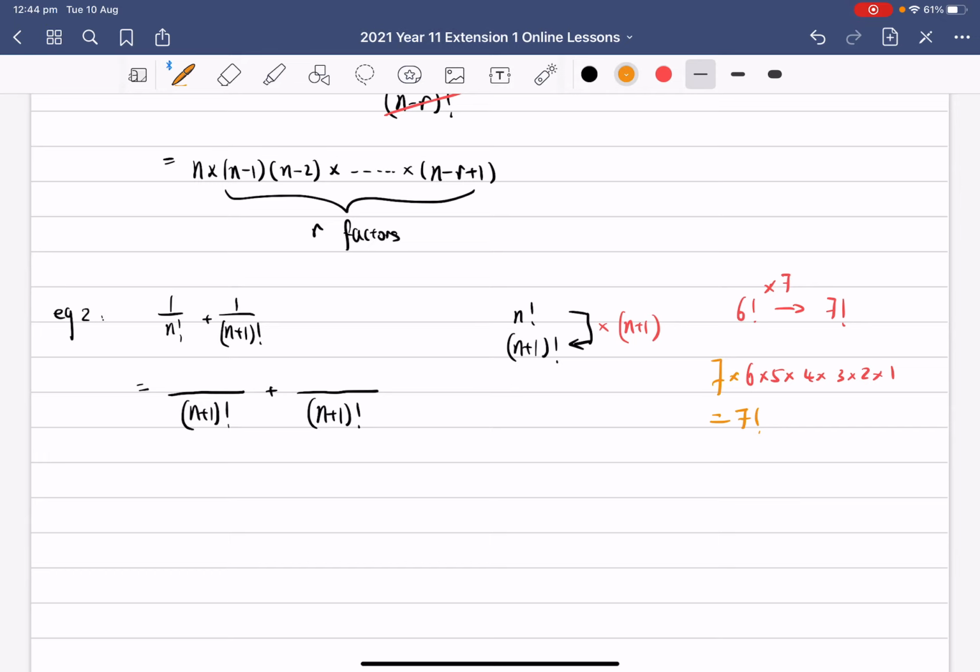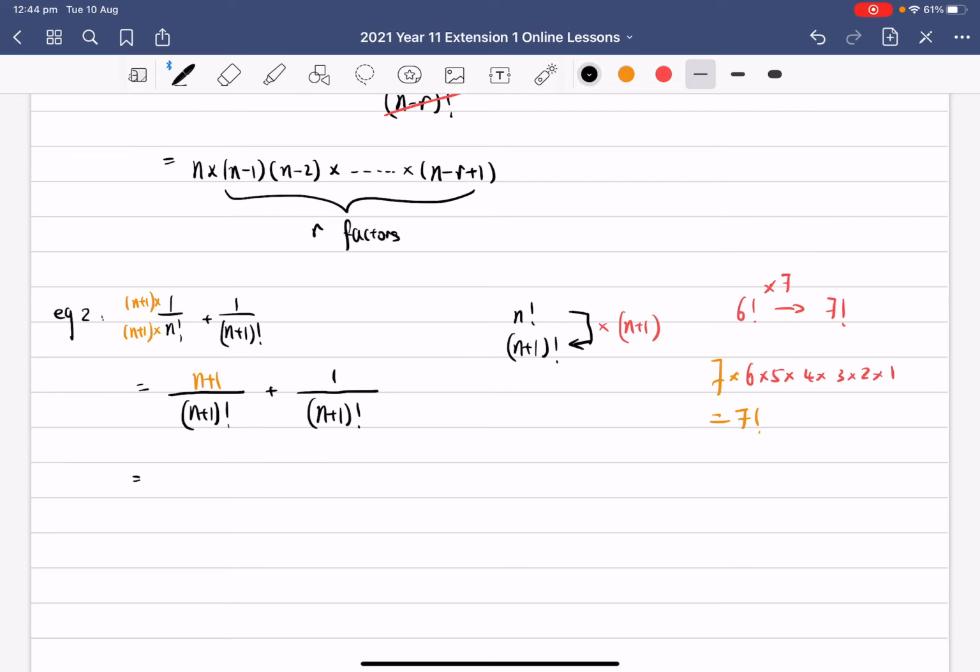So that's the idea. Now all you have to do is times the denominator by n plus 1 and the numerator by n plus 1. So now you get n plus 1 as the numerator, and that becomes 1 here.